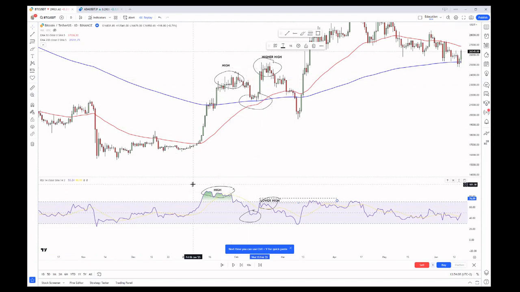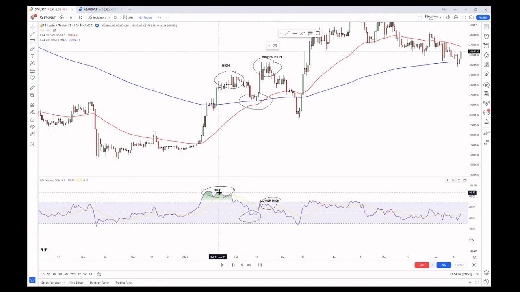So what it meant was that there were less people buying, but price was still rising. So that means that people that are willing to buy are getting less, which could indicate further downside. So what we are looking for, usually if we use RSI, then we want to see a divergence.